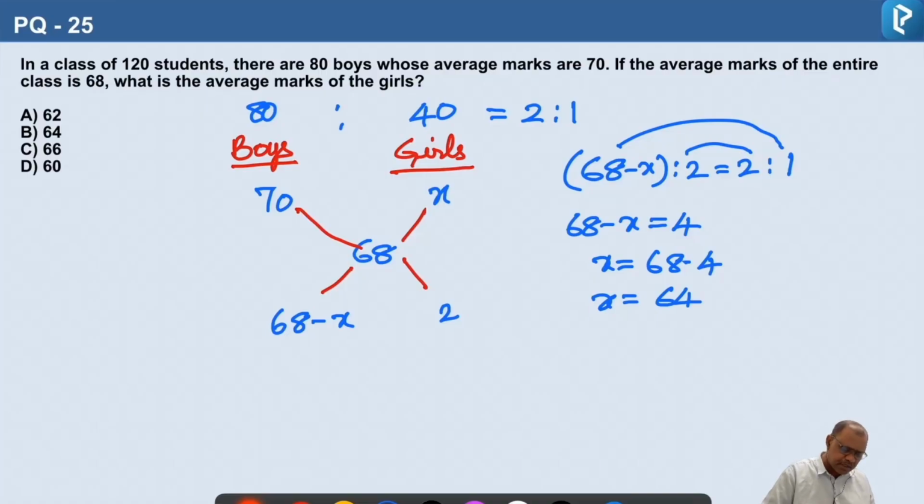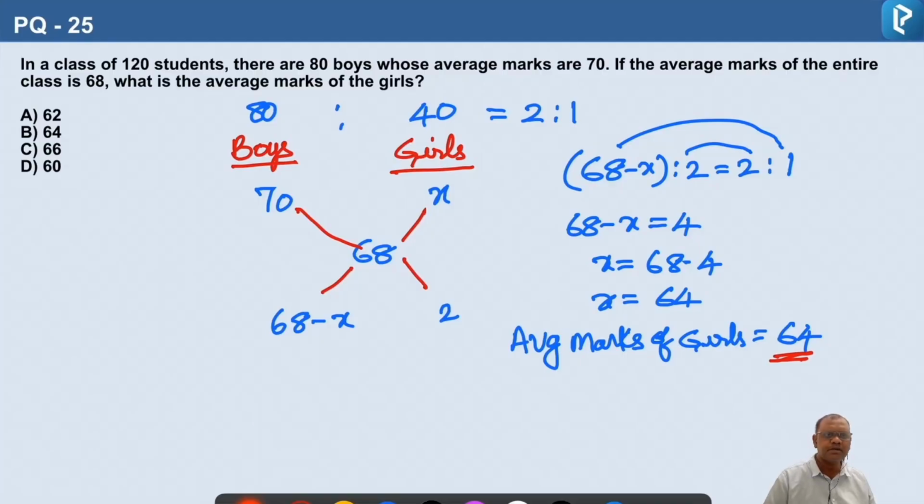So the average marks of girls is 64. So the answer is 64, and option B is the right answer.